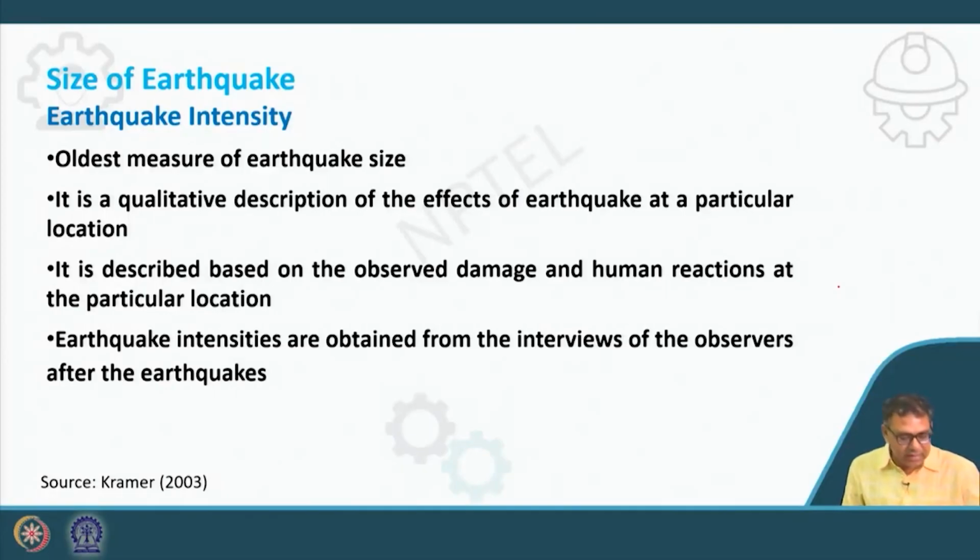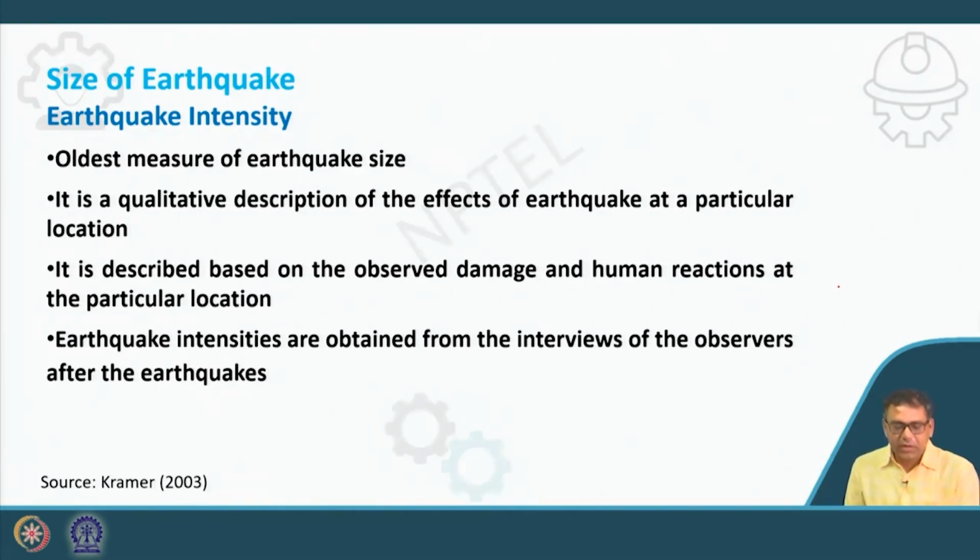Before I finish today's class, I will give you one or two pieces of information about the size of earthquake. How can I define the size of an earthquake, how big it is: a small earthquake, a big earthquake or an intermediate earthquake. That can be done in two ways, either based on earthquake intensity or based on earthquake magnitude.